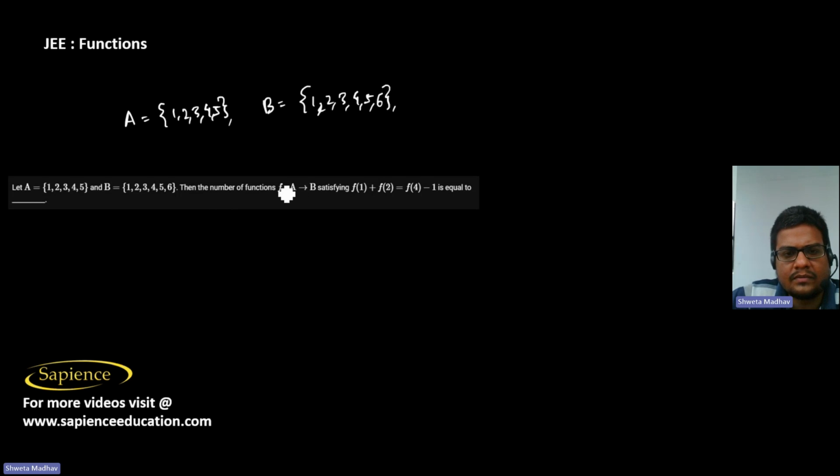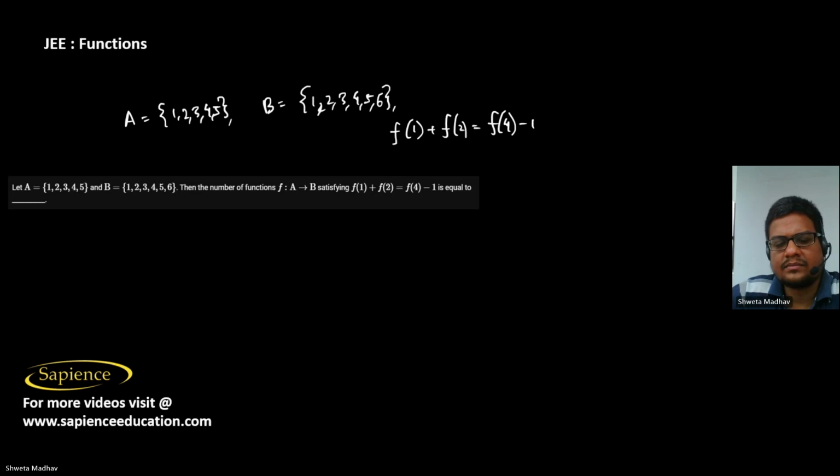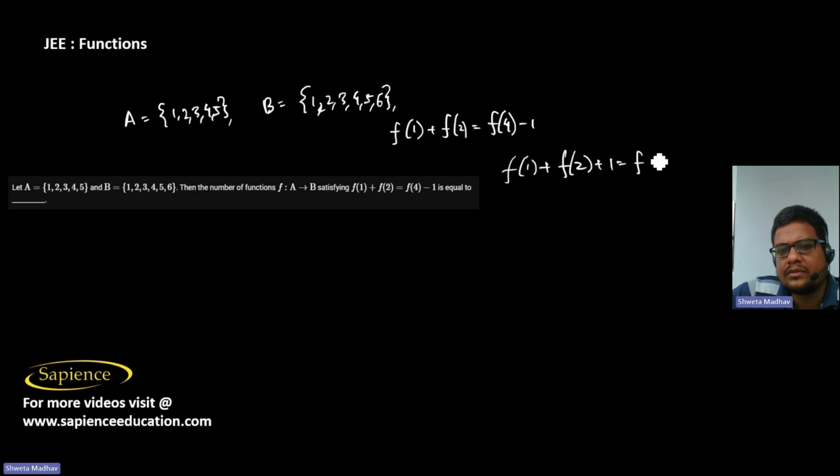And then the number of functions f which map from A to B satisfying f of 1 plus f of 2, that is equal to f of 4 minus 1, is equal to f of 1 plus f of 2 plus 1, is equal to f of 4. So here f maps from A to B. So A is the domain of the function f, and B is the range of the function f.